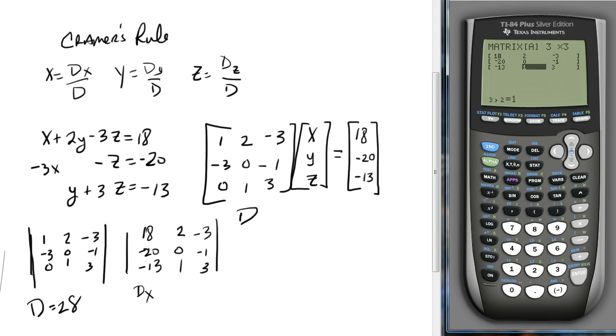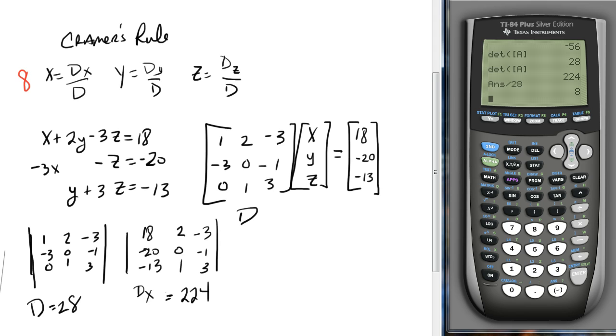I keep the rest. Divided by 28, I get x equals 8.